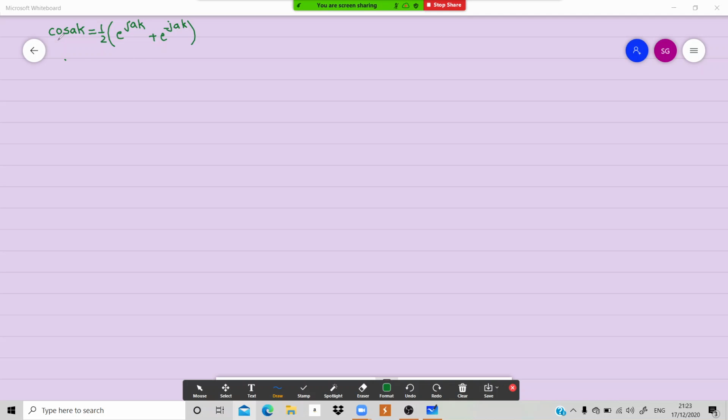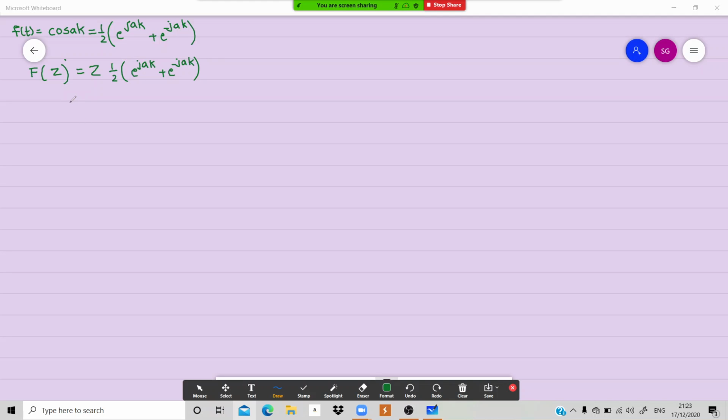Now we are going to take Z transform on this, definitely on this side also. So I'll write f of z, and no need to write cos and all those things. This is your f of t. So f of z will be equal to Z transform of half inside the bracket e raised to jak plus e raised to minus jak.